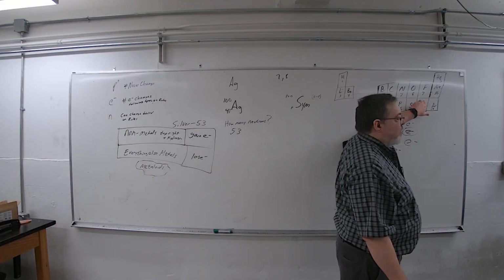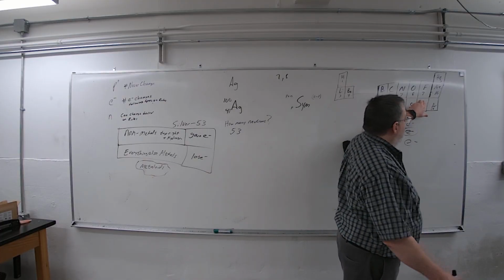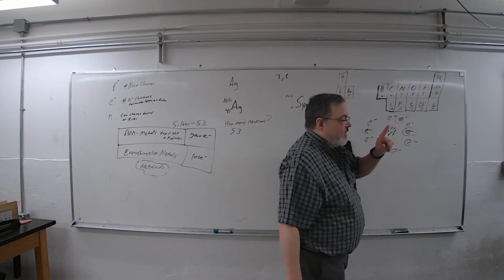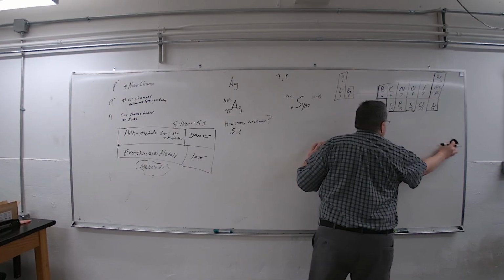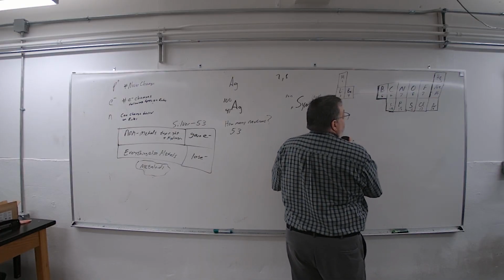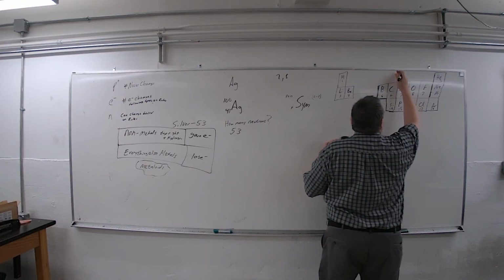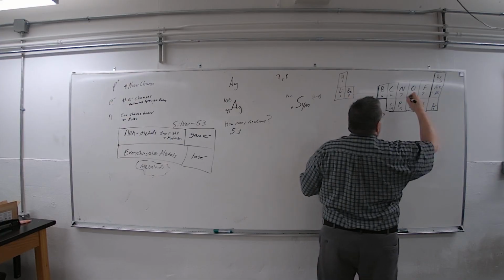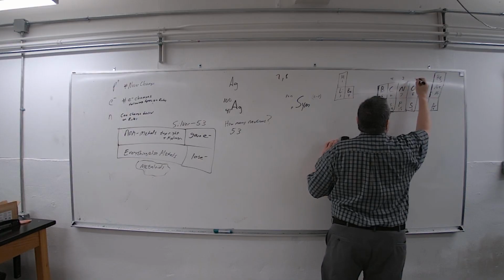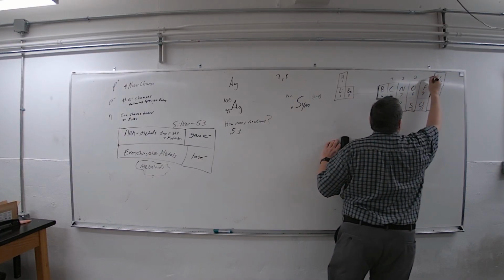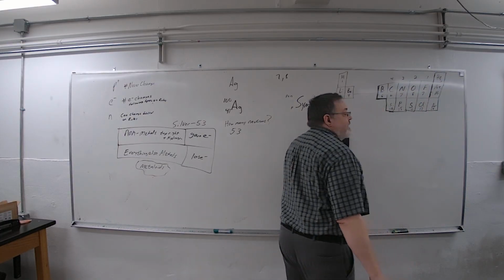You put your finger on chlorine, but you don't count it, and then you move to the right. 1. It gains 1 extra electron. So, now that I've explained that, you can pretty much memorize that anything in this column, you're going to be counting over 4. Anything in this column, you're going to be counting over 3. You'll count over 2, count over 1, and these don't ionize.